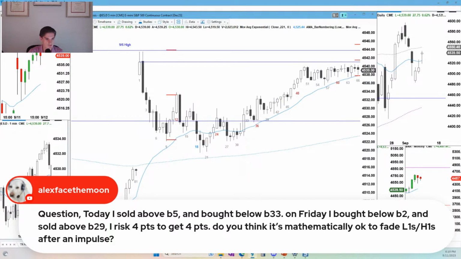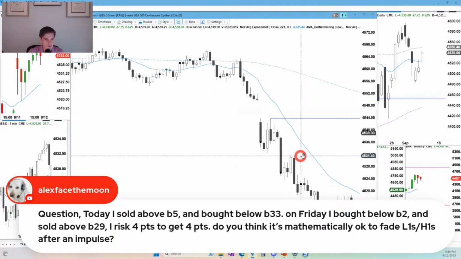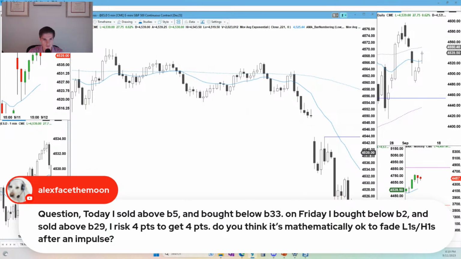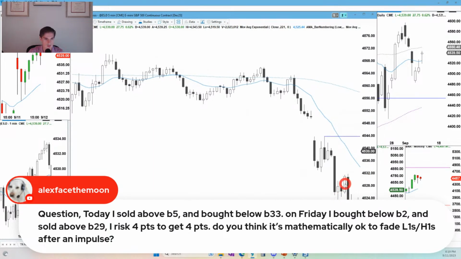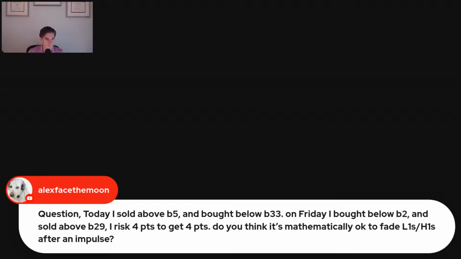Let me find an example of a bad high one. Okay, here's an example of a bad low one. So here's an example, this bar right here. I'm going to turn the screen off and turn on the bar counter.